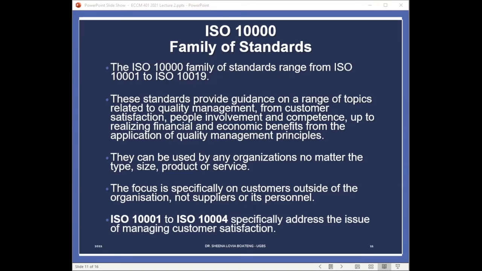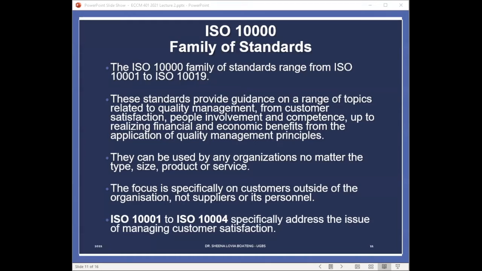So basically, this ISO 10,000 family of standards focuses specifically on the customers who are outside of the organization, not the suppliers, not the personnel, but on the customer, and how to be able to satisfy the customer effectively and do so in a profitable manner. And that is why we are interested in the ISO 10,000 family of standards.